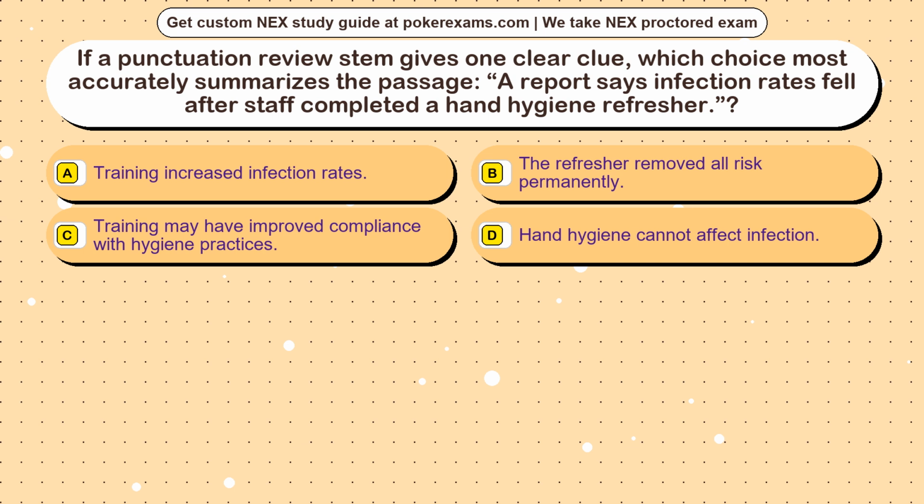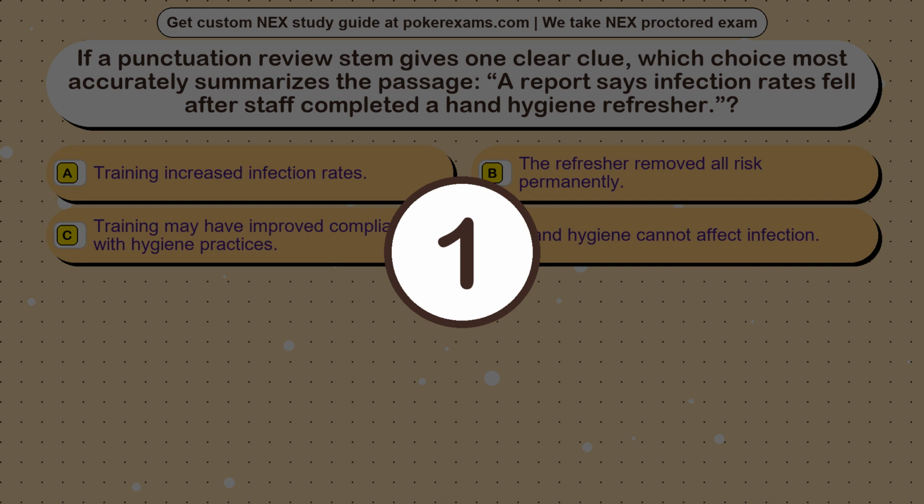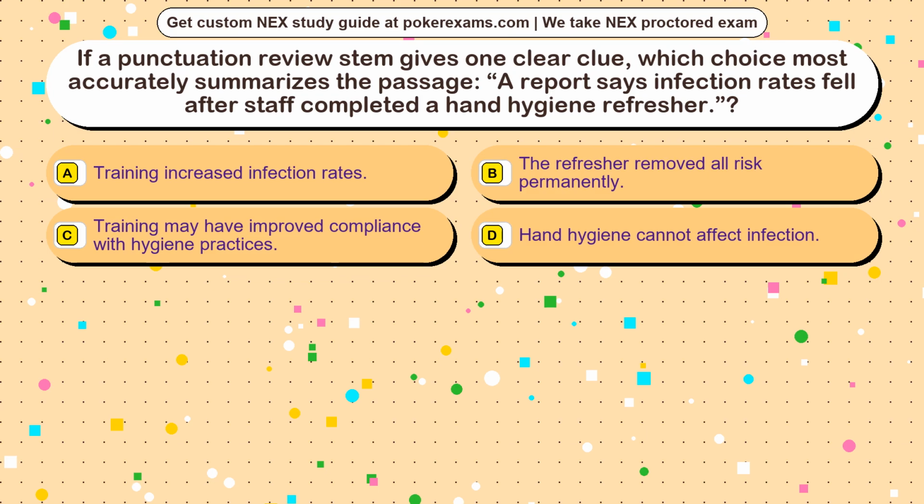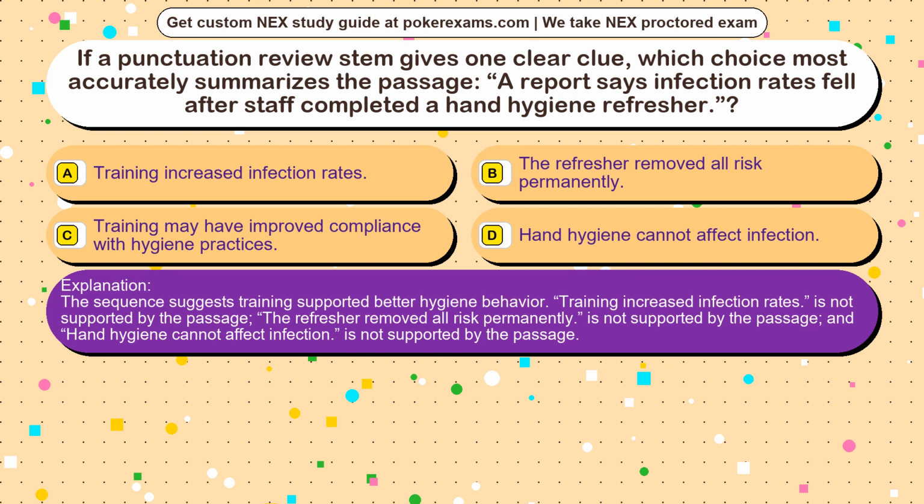Option D, hand hygiene cannot affect infection. The correct answer is option. The sequence suggests training supported better hygiene behavior. Training increased infection rates is not supported by the passage. The refresher removed all risk permanently is not supported by the passage, and hand hygiene cannot affect infection is not supported by the passage.